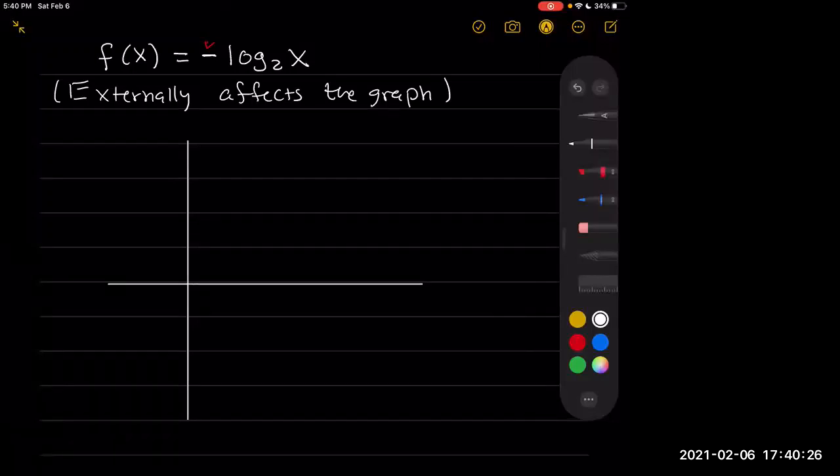if we were to look at first log of 2, sorry, and then negative log of 2x would look something like this.